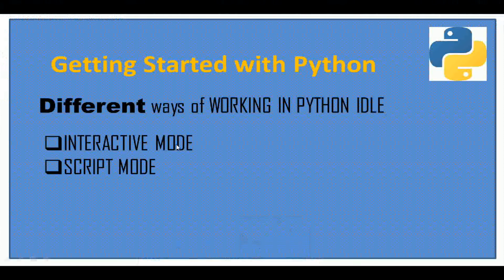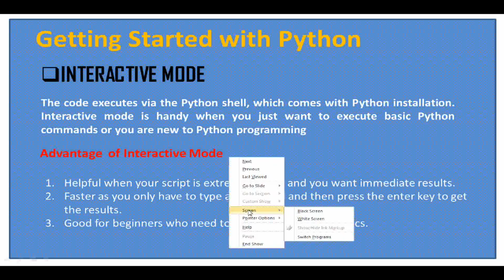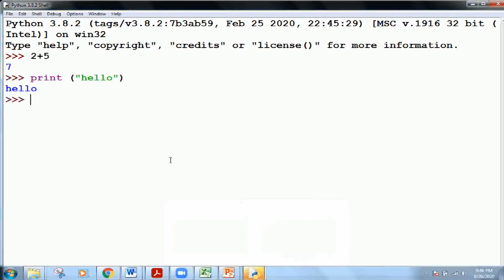Now again, what are the two different ways of working in Python? Number one is interactive mode and the second is script mode. Interactive mode is for basic Python commands, when you are new to Python programming. For example, the current one which I am showing you is the Python interactive mode.